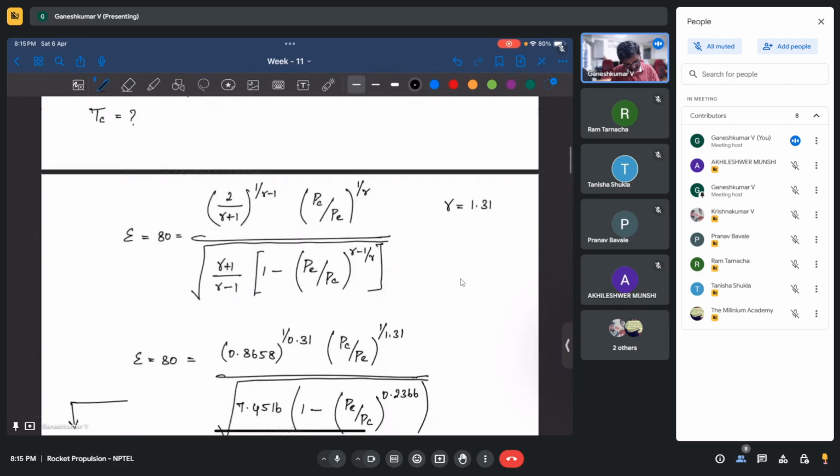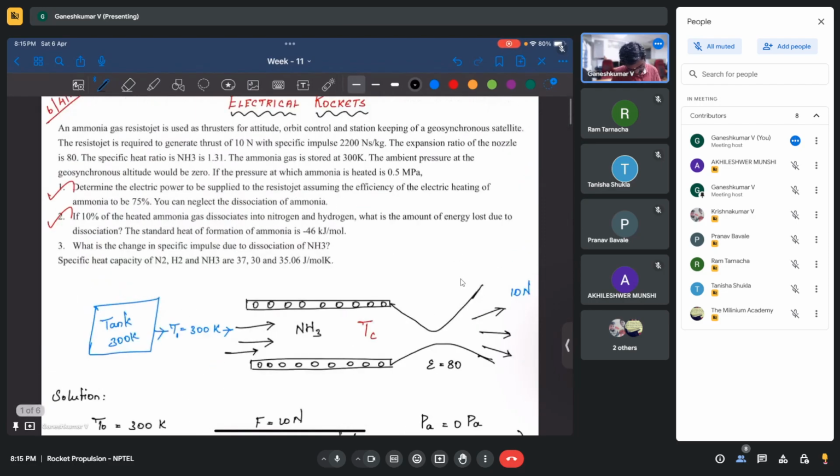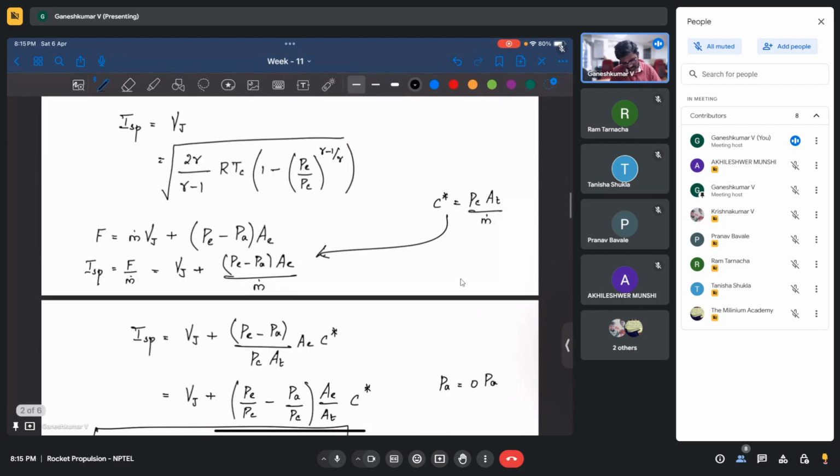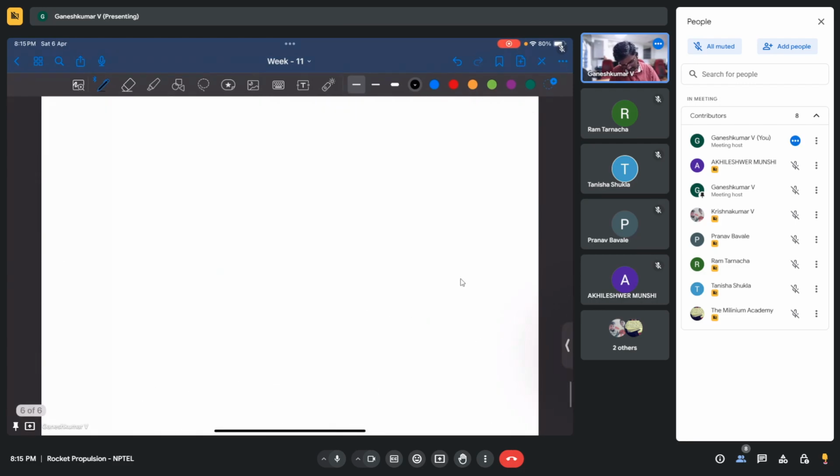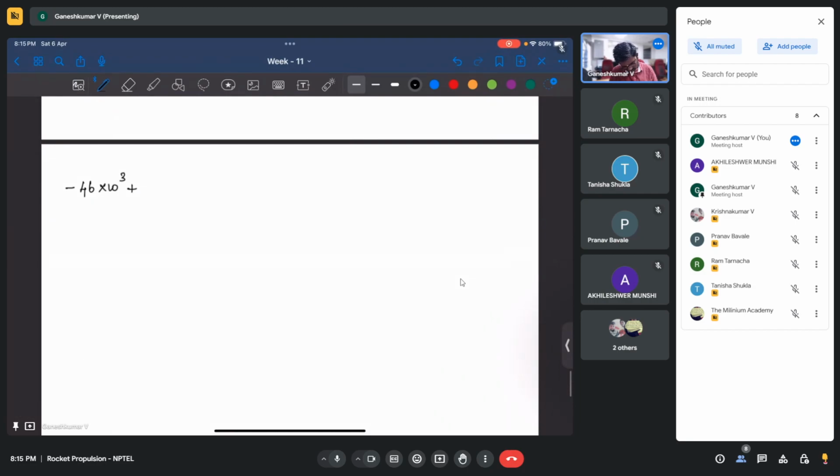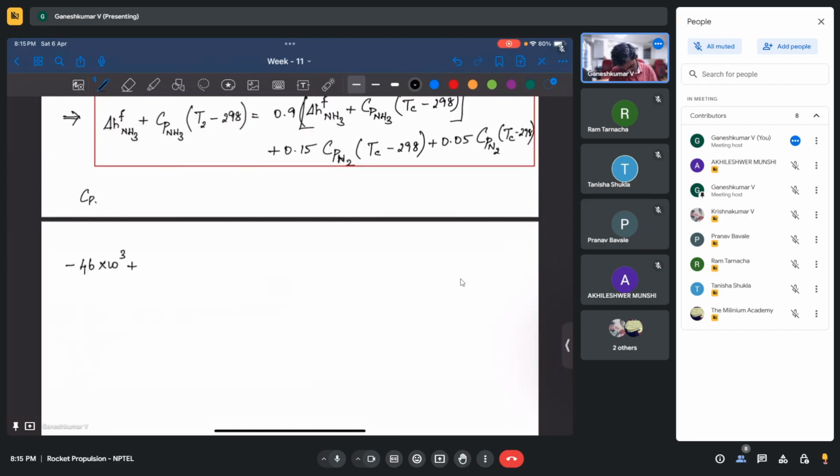N2 is 37, H2 is 30, in joules per mole Kelvin, and Cp of NH3 is 35.06 joules per mole Kelvin.